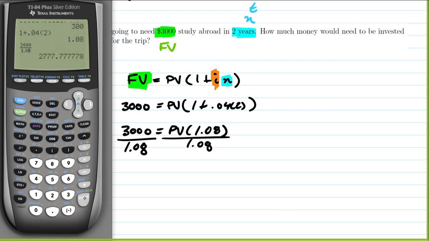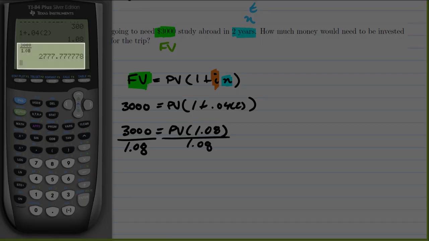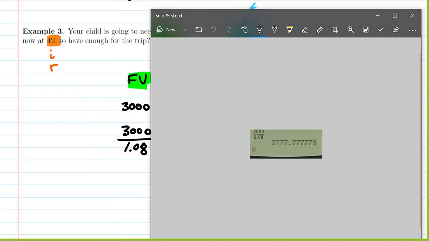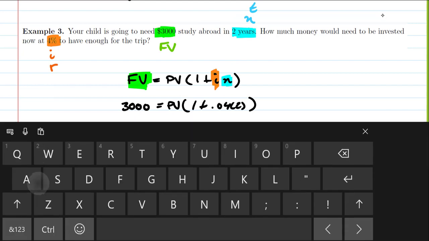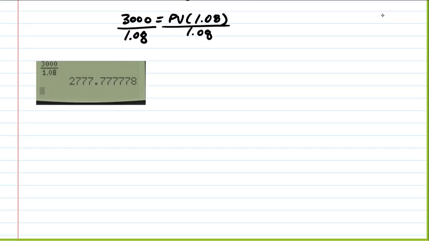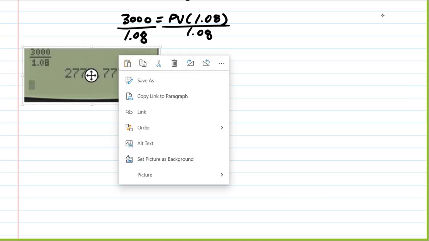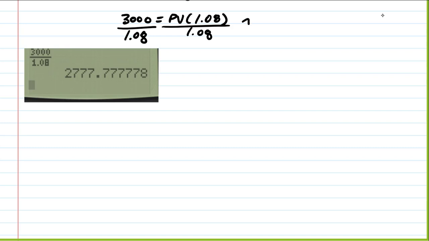And we get $2,777.77. So rounding that to the nearest penny, we would need $2,777.78.